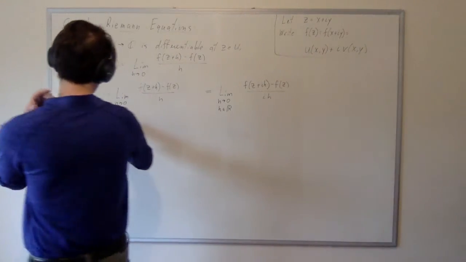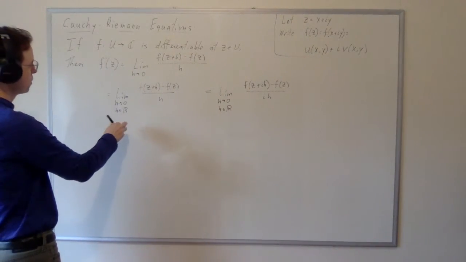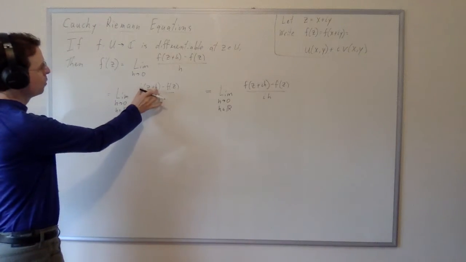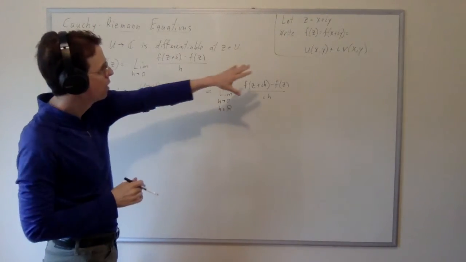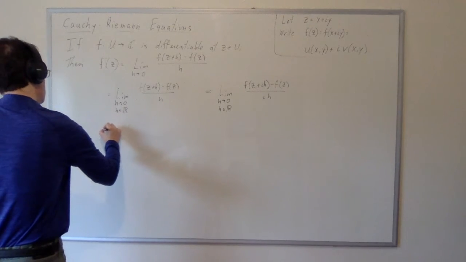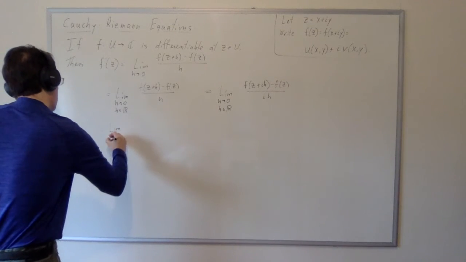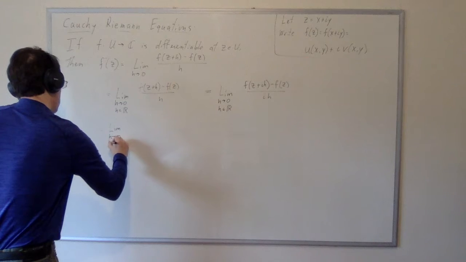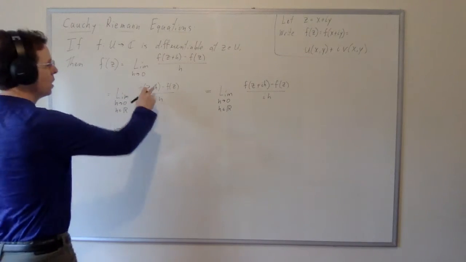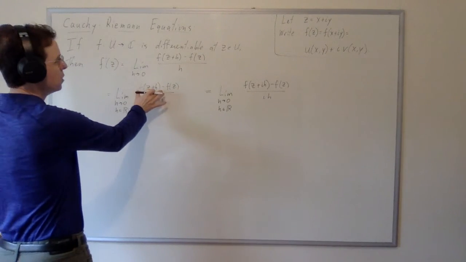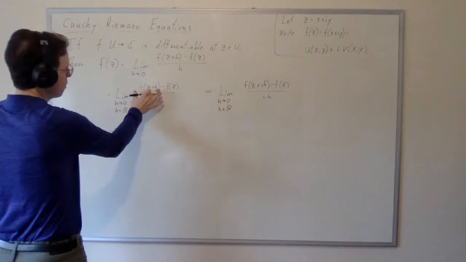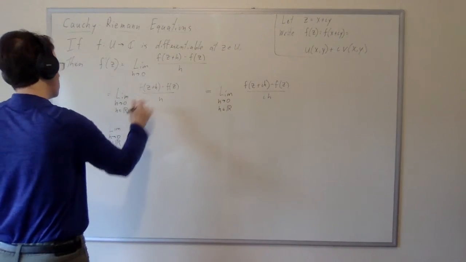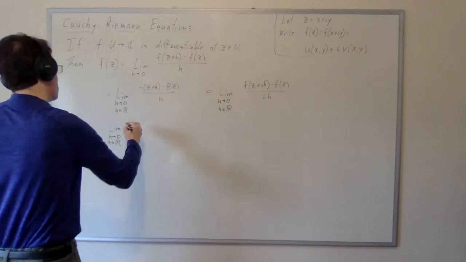Now, here, if h is real, then we'll be able to interpret this in terms of the partial derivatives of u or v. First, let's put them in. So this is the limit as h goes to 0, h in the reals, of, well, this is u of z plus h. So what is that? This plus iv of z plus h. But those should be expressed in terms of x and y.